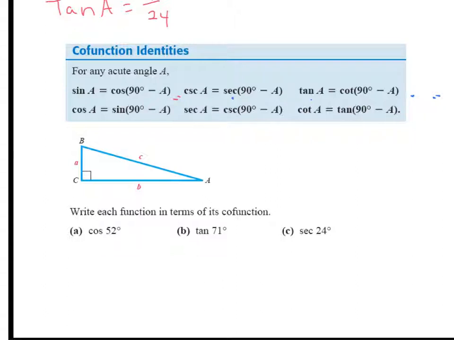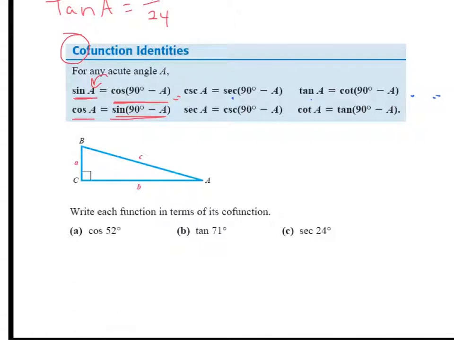So when you're talking about sine A, when we're looking for the cofunction identities, what it says is that it's cosine, and it's going to be 90 minus whatever A was. Okay? Remember, these are not reciprocals, cosine and sine. Sorry, these are cofunction identities.